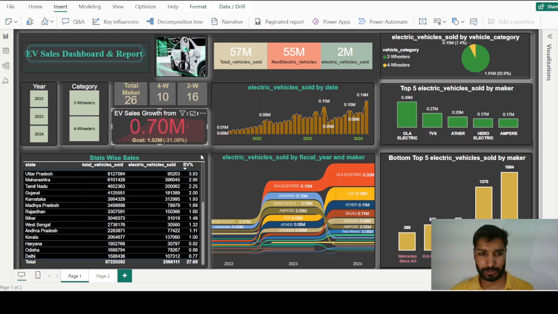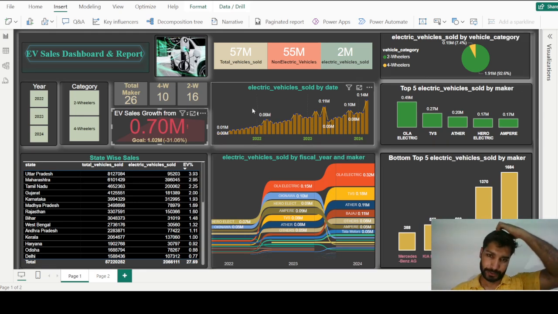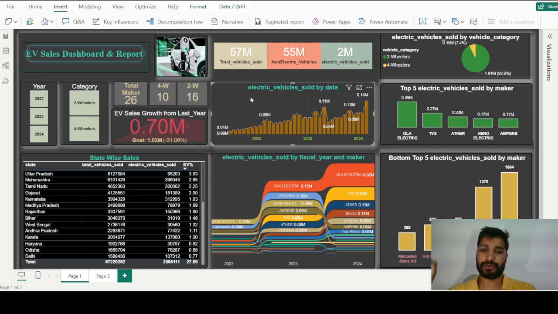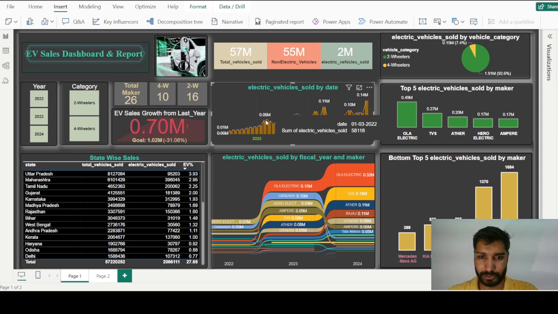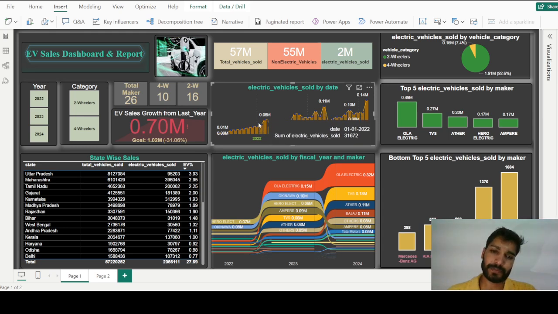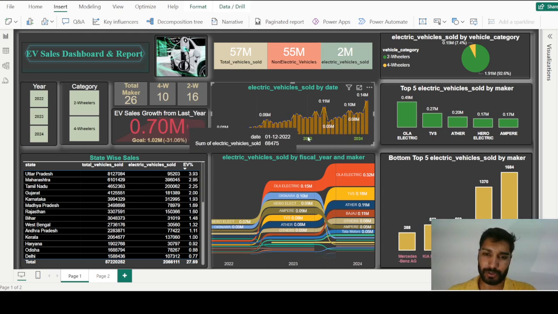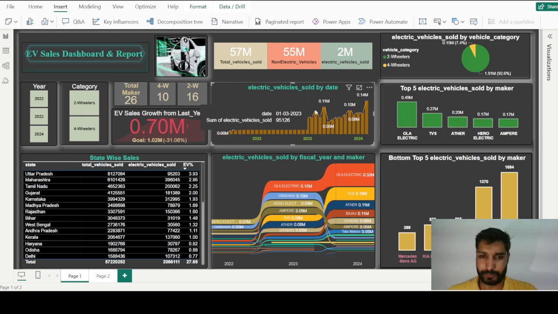About the other graphs, like in electric vehicle sold, we can see year-on-year growth. Like in 2021 we did 0.06 million sales, and in 2022 we grew to approximately 0.11, and then in 2024 we are also growing.